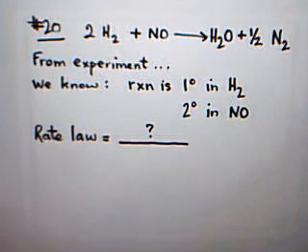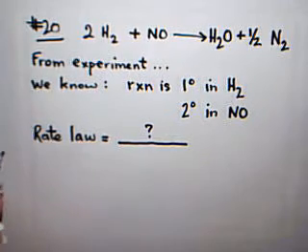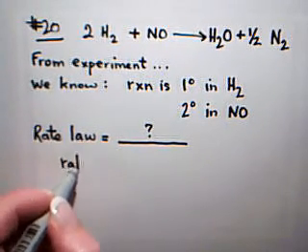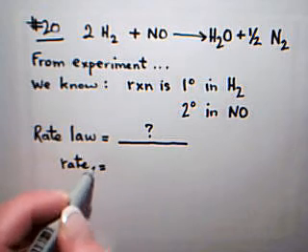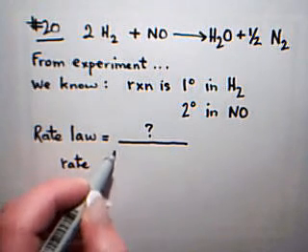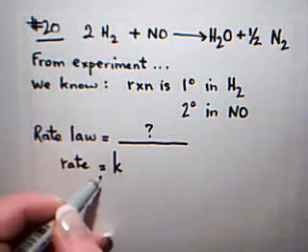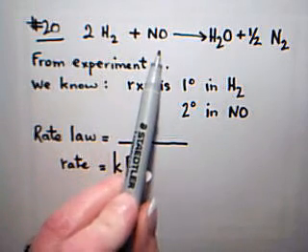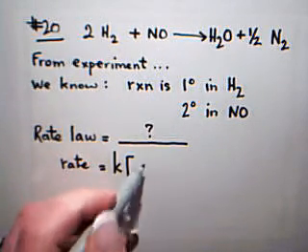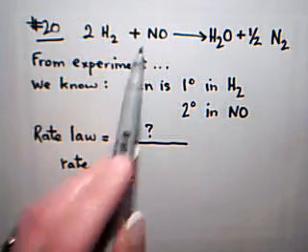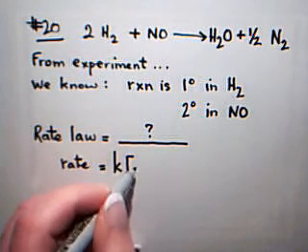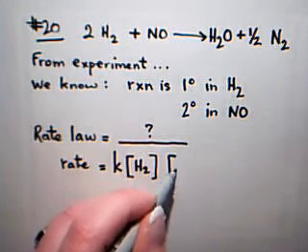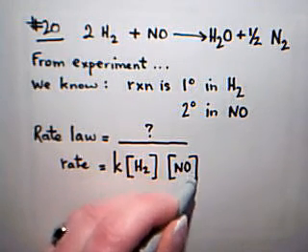And when you hear that term, the rate law, it's a way of writing the rate, but it always has the form of, I think you know this by now, the reaction rate constant times each one of my reactants, not products, but the reactants. And we don't pay any attention to the stoichiometric coefficients. So it's H2 times concentration of NO.